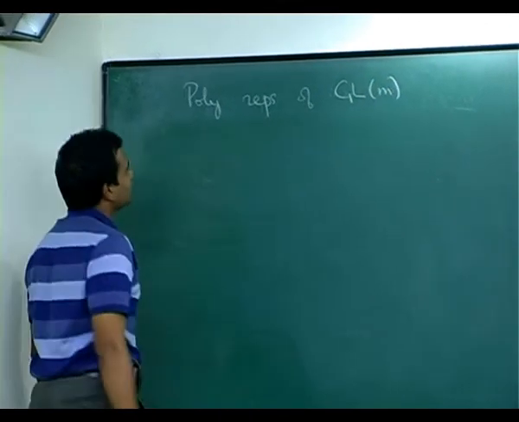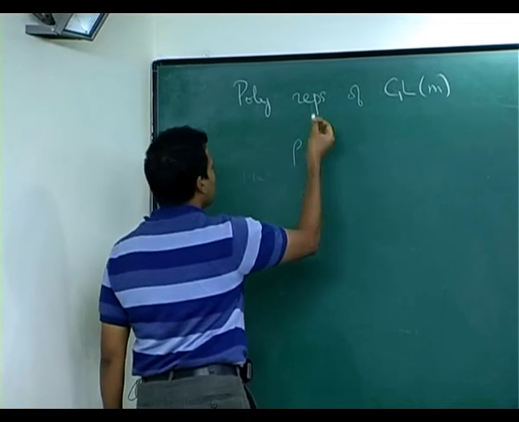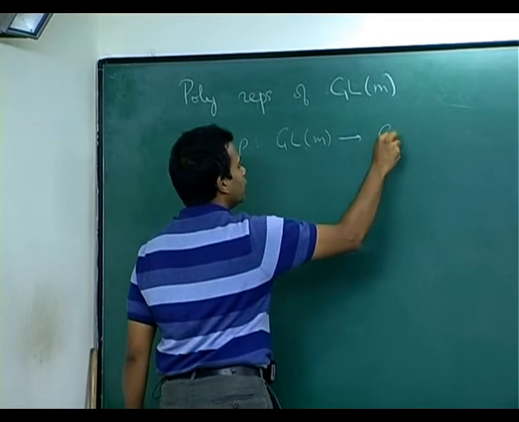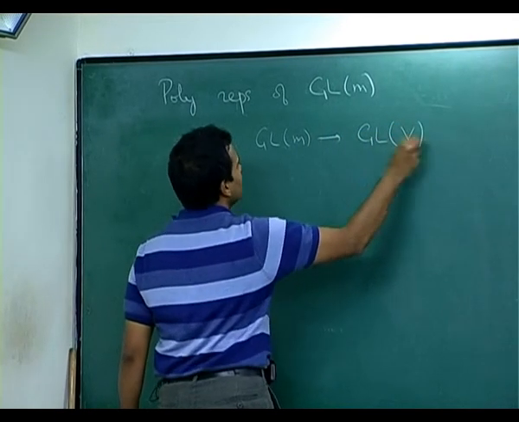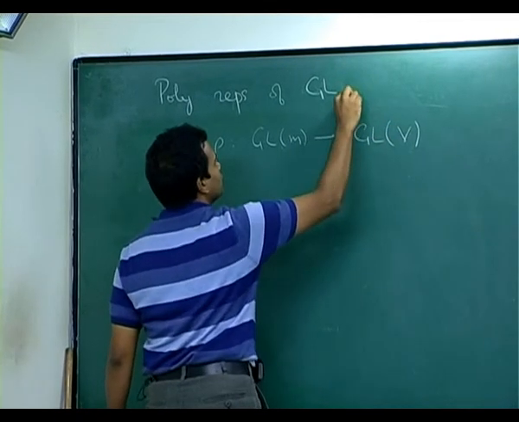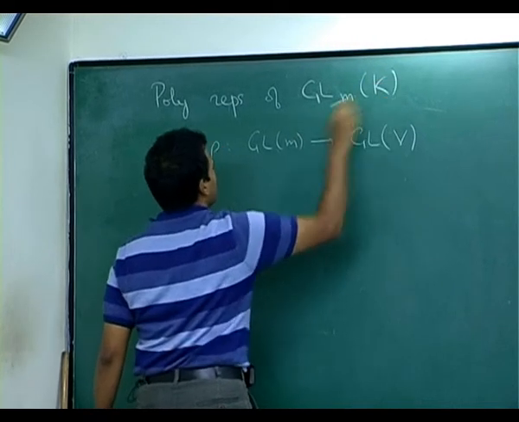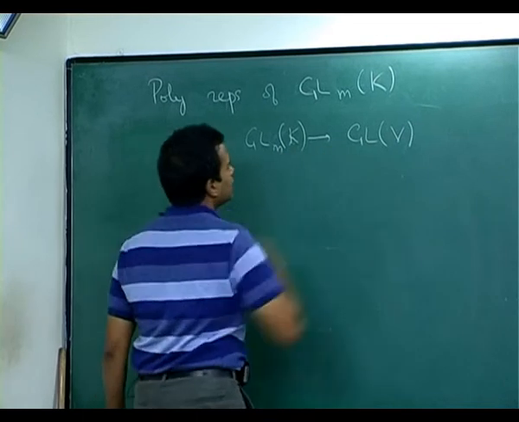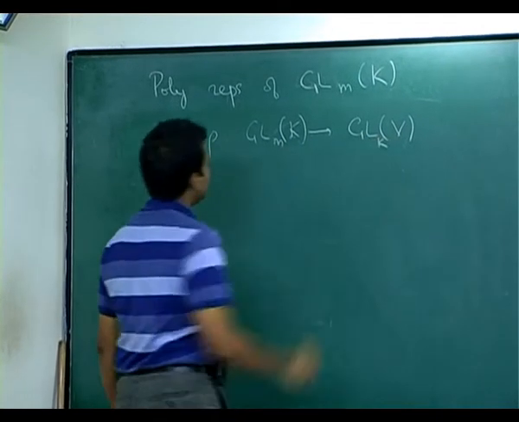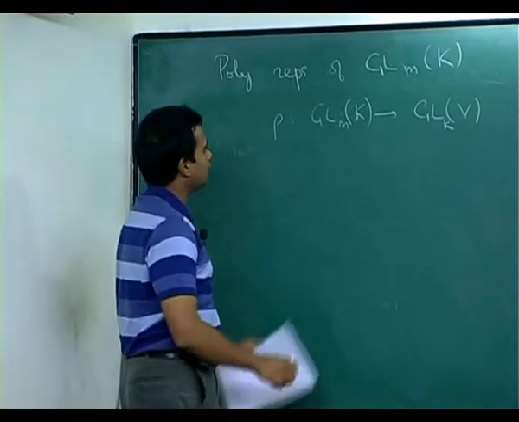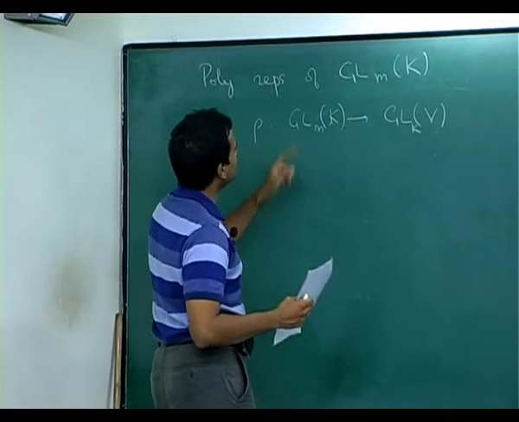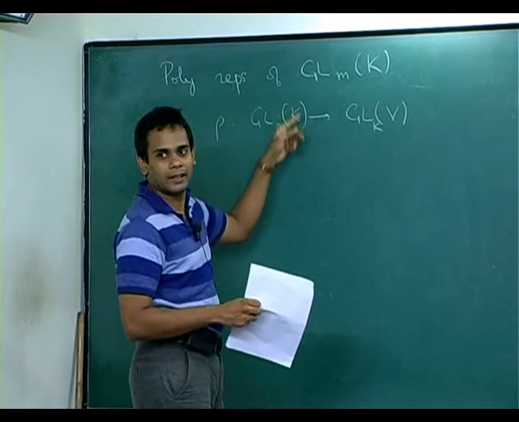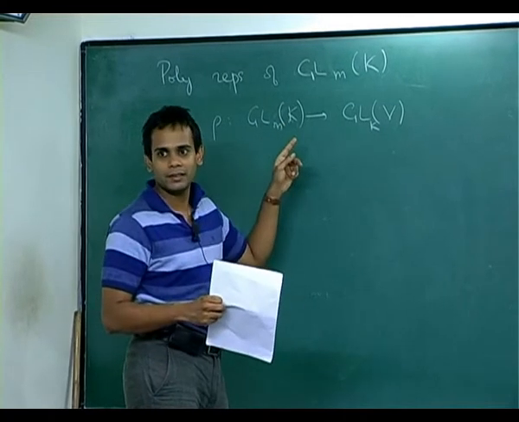These are representations from GL_m(K) to some K-vector space, and the condition on these representations is that their matrix coefficients are all polynomials in the entries of this matrix, right.